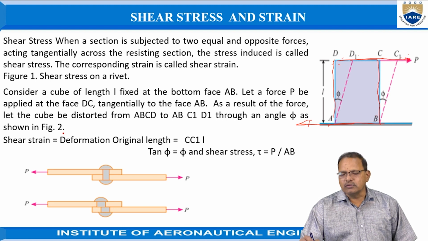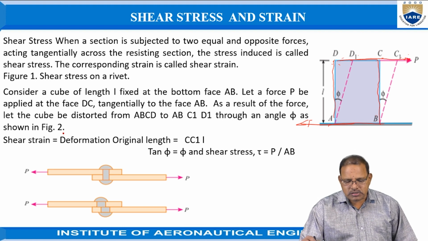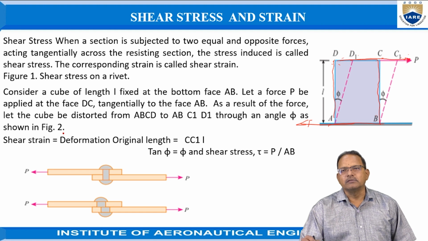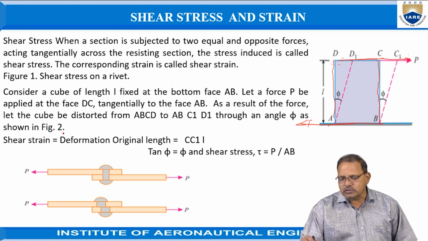According to the trigonometric relations, it is equal to tan phi. That is, tan phi is equal to DD1 divided by AD, or equal to CC1 divided by CB, where CB is the length of the object. The stress, as I already told, is the force per unit area of the cross section.